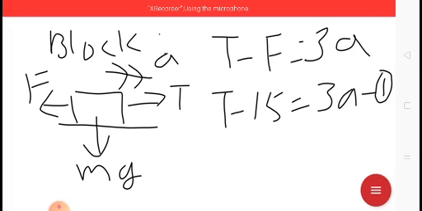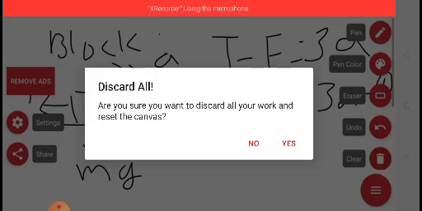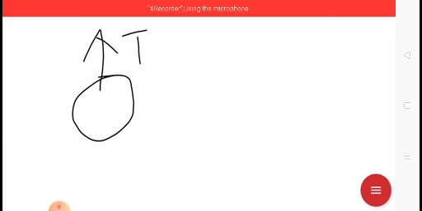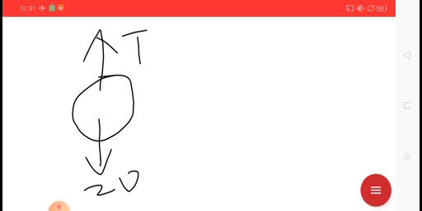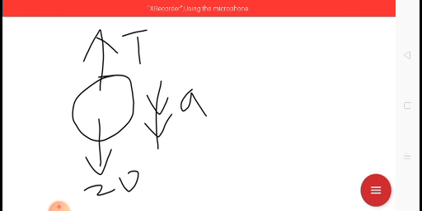Okay, so this is the first part. Now we move to the ball. For the ball, here is T, and here is 20. There are no other forces. This item will move in this direction, so the direction of movement we assume is positive.